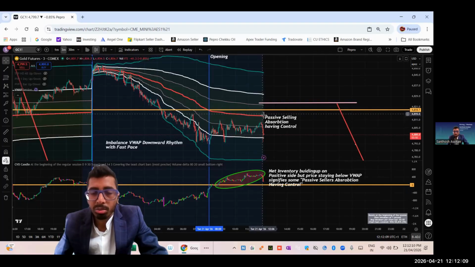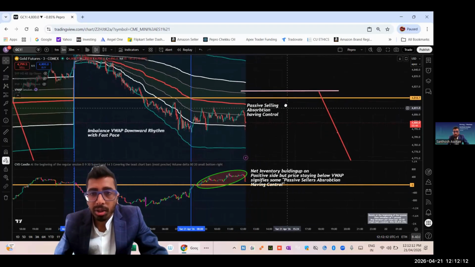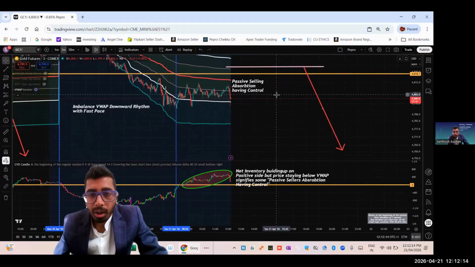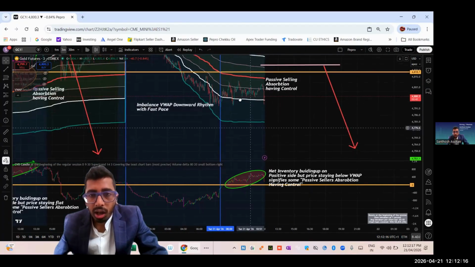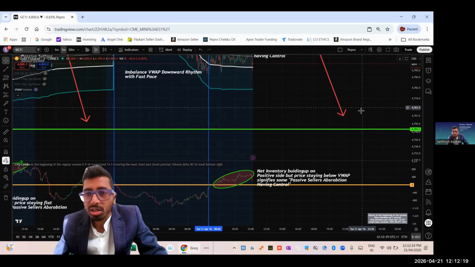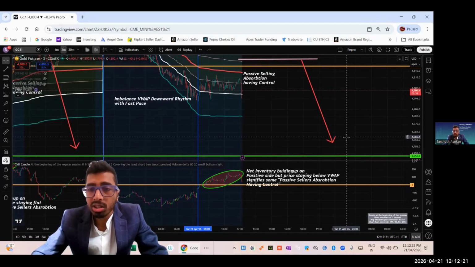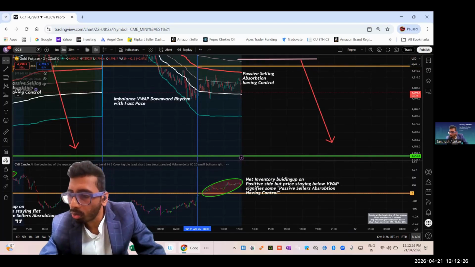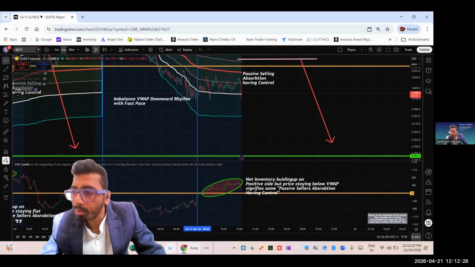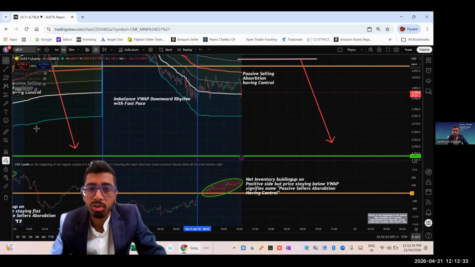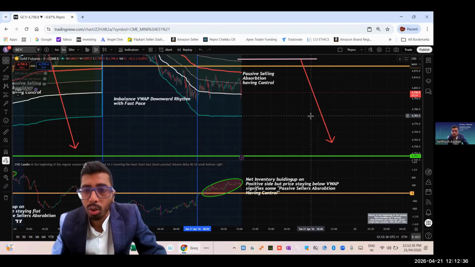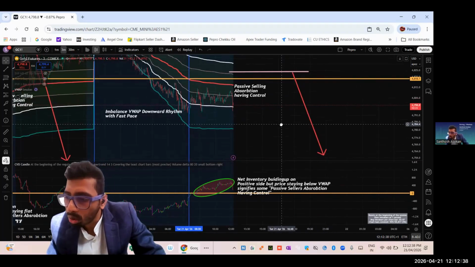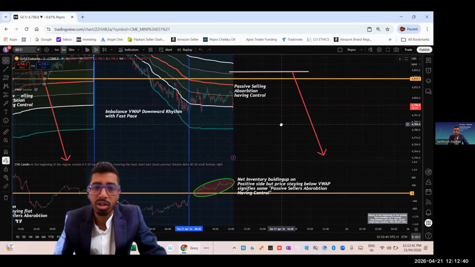I will be entering short opportunities there, and I expect my bias to move towards the 4760 or 4750 levels in the futures, whereas in gold spot it is around the 4740 to 4750 levels, because gold futures and spot are trading with a difference of nearly 20 points.